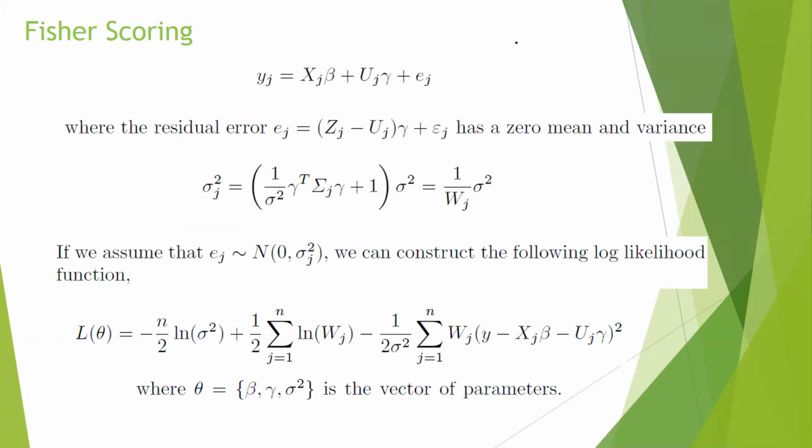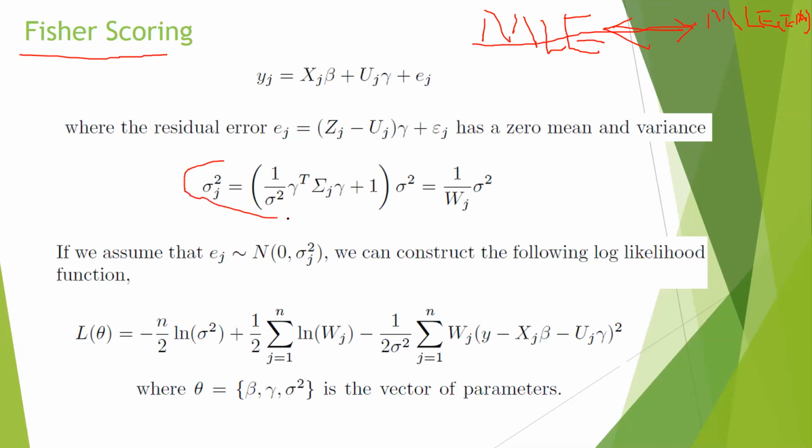We have shown that even though this is a mixture model, we can still prove that the MLE is equivalent to the MLE in the EM algorithm. We have shown this before, right? So then we can use the Fisher score to help us calculate the variance of the estimation of the parameters.